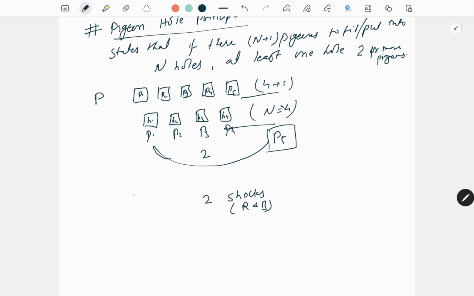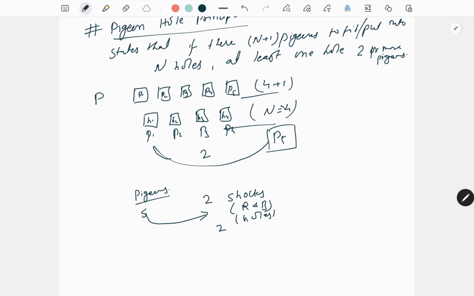Here socks are nothing but your pigeons. The number of socks you want to put into two different colors is such that there is at least one color which has at least two socks. So the two colors are nothing but holes.